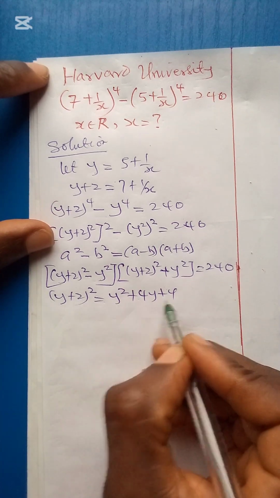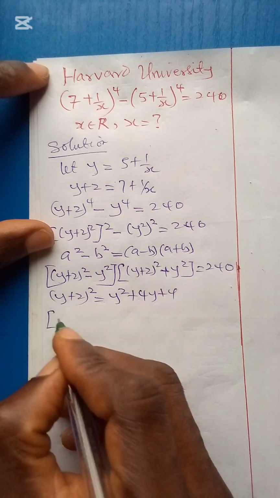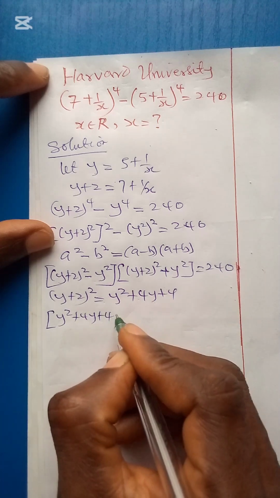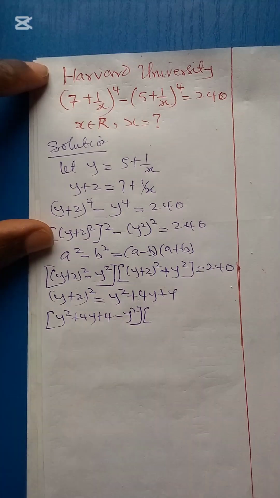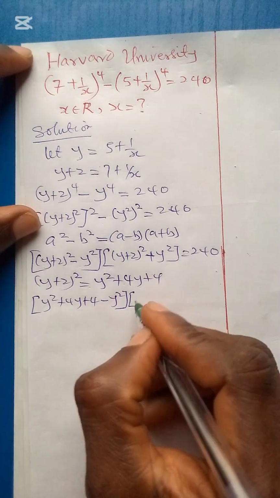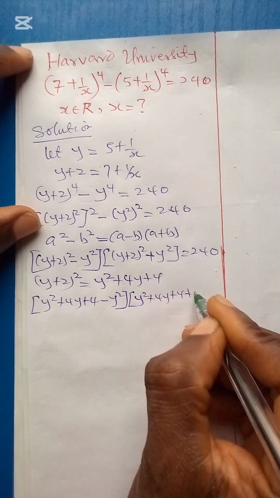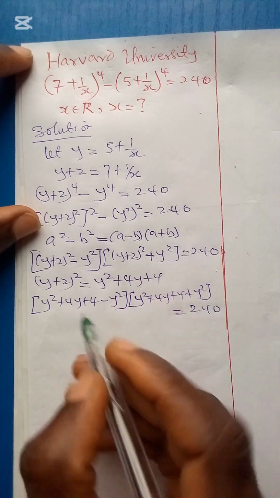So I'll put this in place of this where I have them in the bracket. So it becomes (y squared plus 4y plus 4 minus y squared), then another bracket (y squared plus 4y plus 4 plus y squared), equals 240.